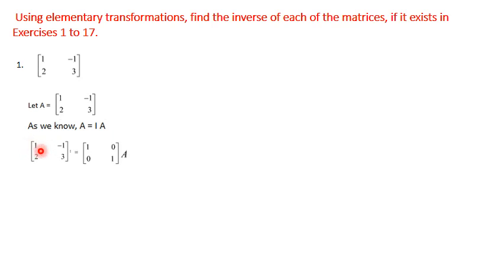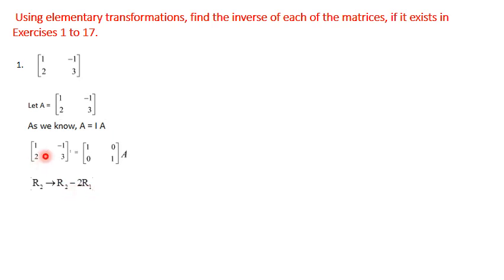First, we have to make the identity matrix, which is 1, 0, 0, 1. The first element is 1 here, so no need to change. Now we move down to the next element, that is 2. We have to change 2 to 0, so we go for the row operation R2 gives R2 minus 2R1.